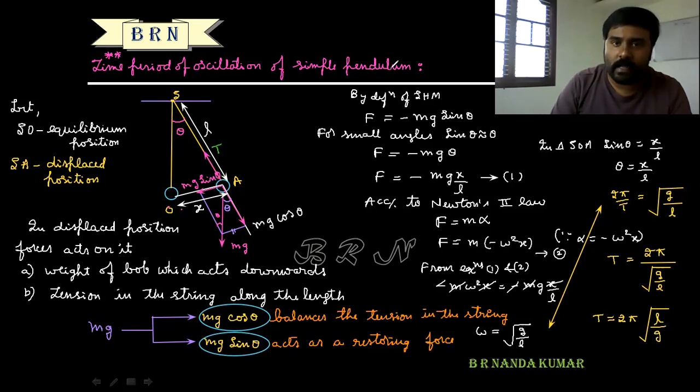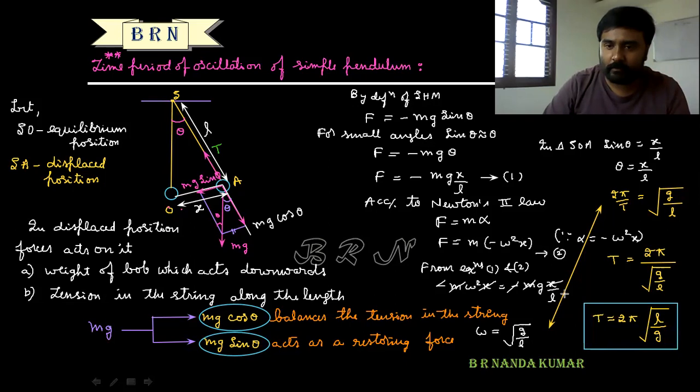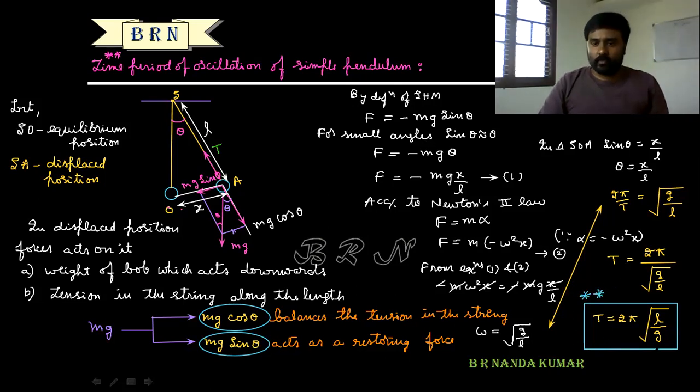So this is the time period of oscillation of a simple pendulum. This is a very important mathematical expression. T is equal to 2 pi root L by g.